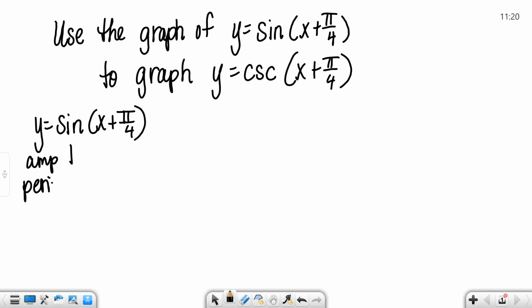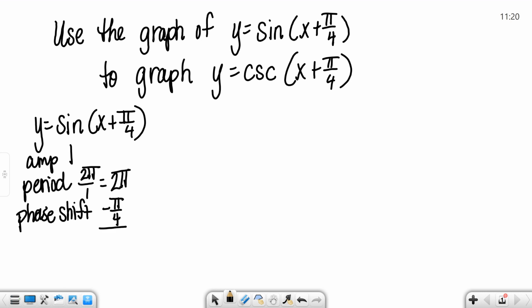We know our period is 2 pi over our b value, in this case 1. And there is a phase shift because there is a c value. Our phase shift is our c value, in this case negative pi over 4, divided by our b value, which in this case is 1.